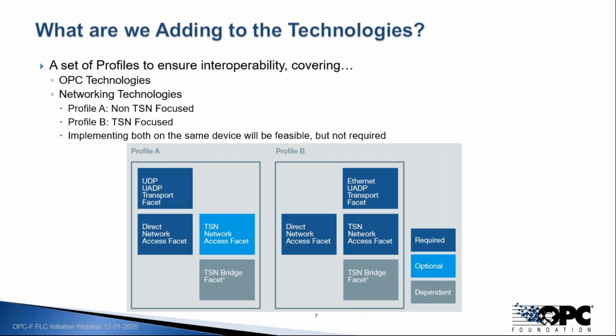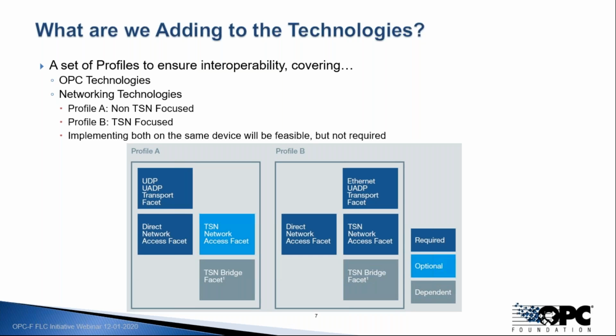And there will also be a profile B, which will be focused on the use of TSN technologies for real-time control data exchange. And it will focus on the use of so-called raw Ethernet for the exchange of data over PubSub.